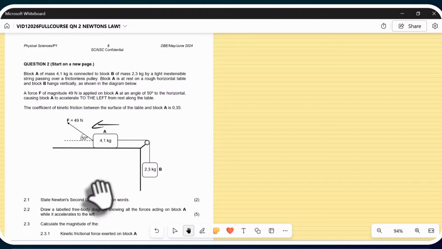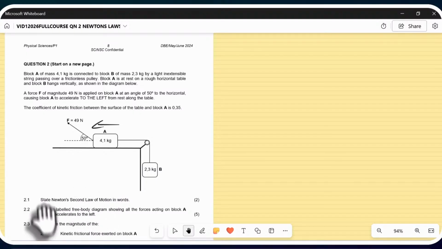State Newton's second law of motion in words. We said that when a net force acts on a body, it will accelerate in the direction of the net force, with the acceleration directly proportional to the net force and inversely proportional to the mass of the body.